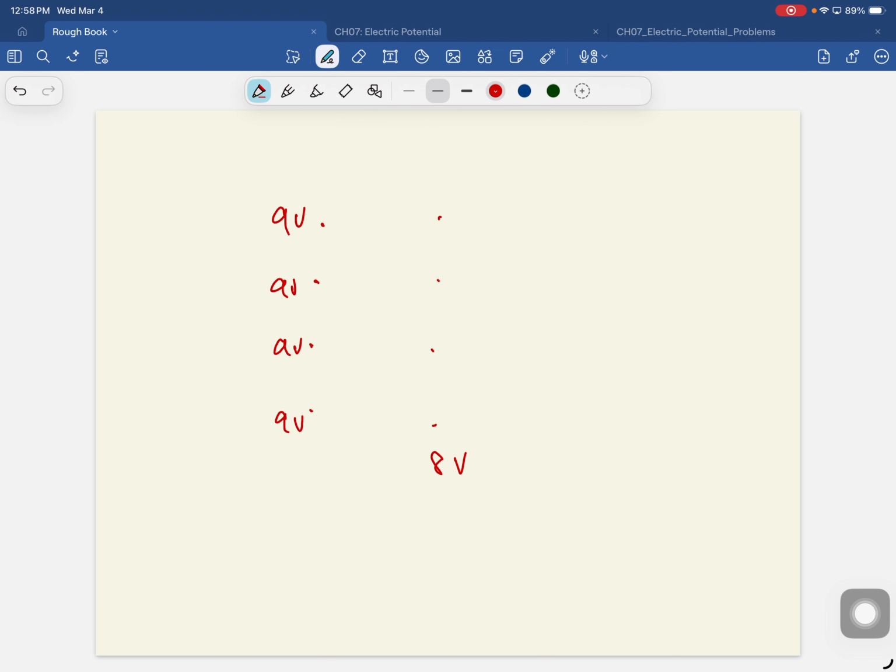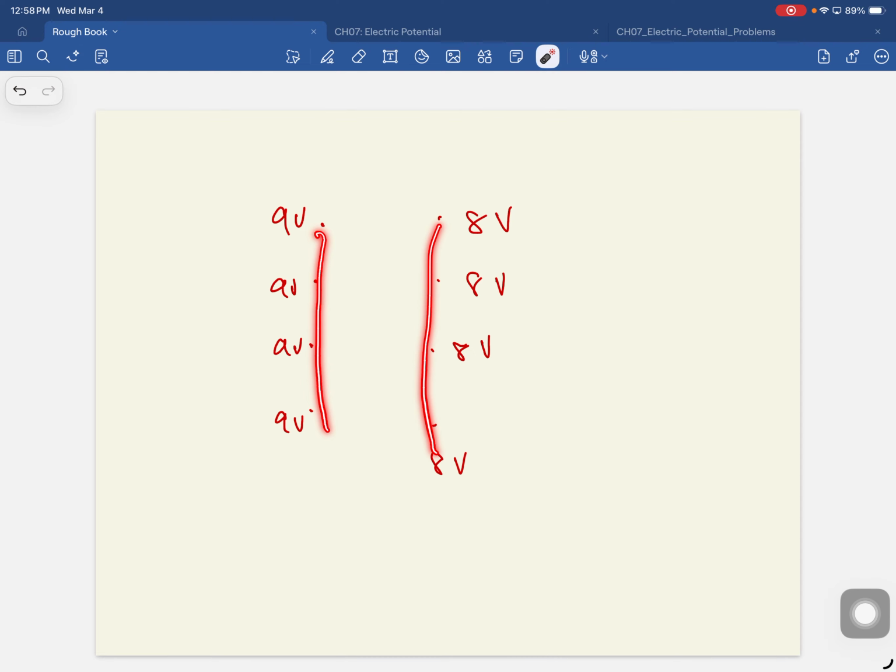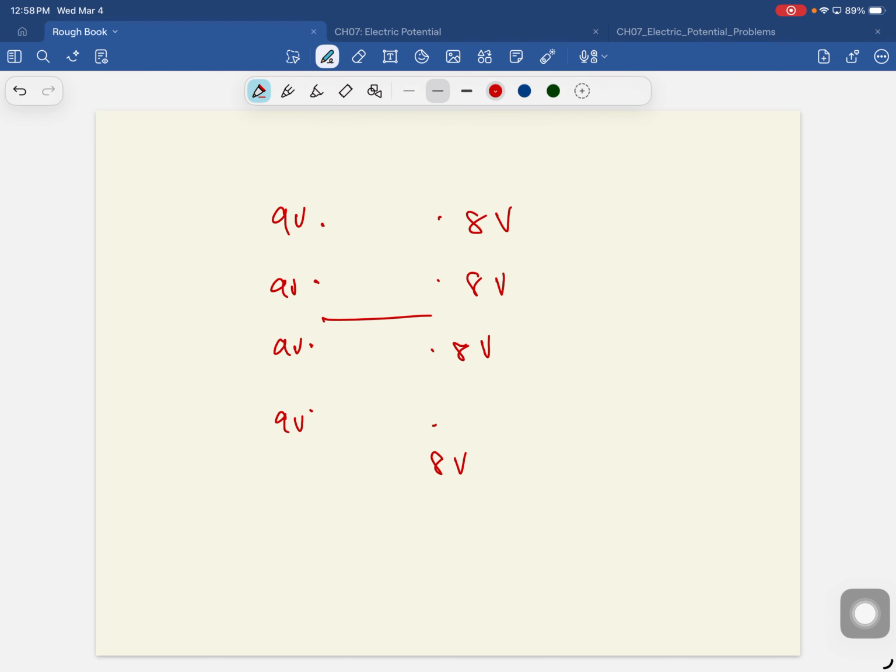I give you these numbers. Let's say at this point, it's 9 volts, 9 volts, 8 volts, 8 volts. Which way is the electric field pointing? Yeah, so the electric fields are pointing in this direction.